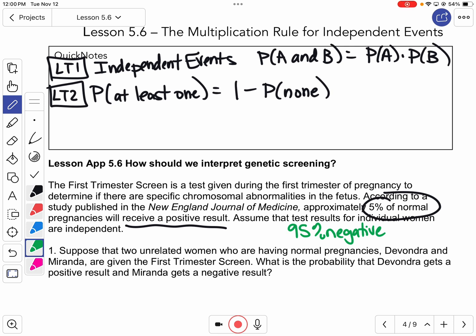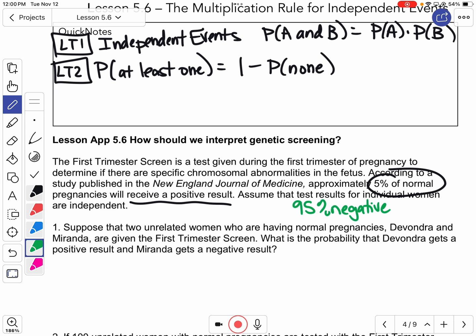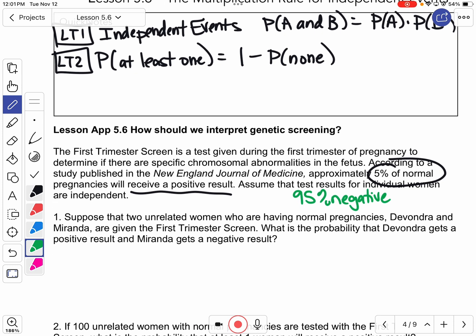Okay, it says, suppose that 2 completely unrelated women are having normal pregnancies. Devondra and Miranda are given the screen test. What's the probability that Devondra gets a positive result and Miranda gets a negative result? Let's start with Devondra. If she's going to get a positive result, what would her probability be as a decimal? 0.05.